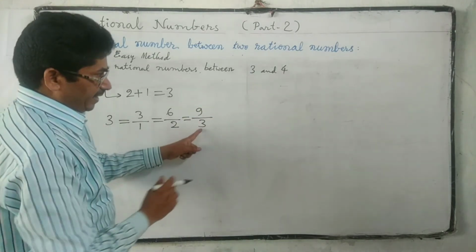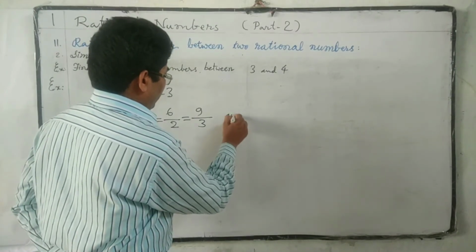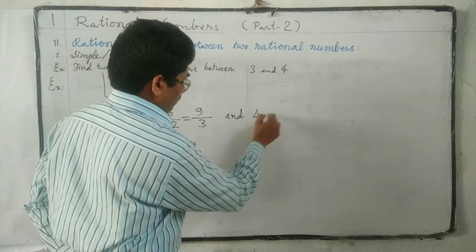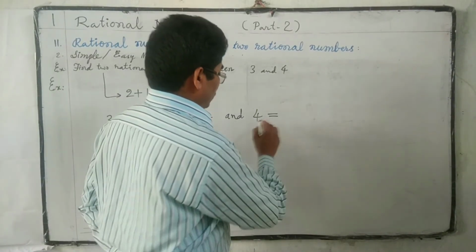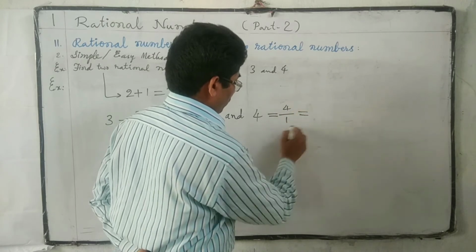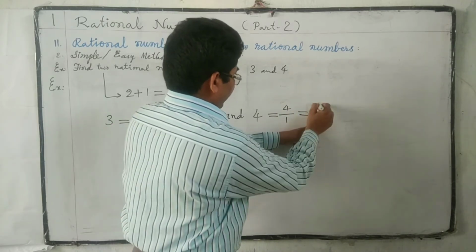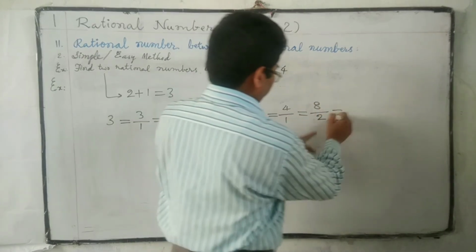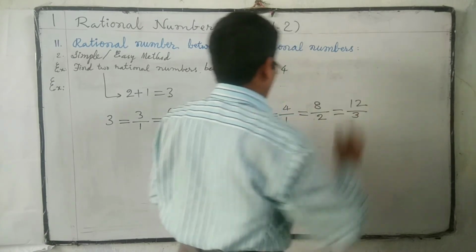So 3 with denominator 3 is 9 by 3. Similarly for 4: 4 ones are 4, 4 twos are 8, 4 threes are 12.